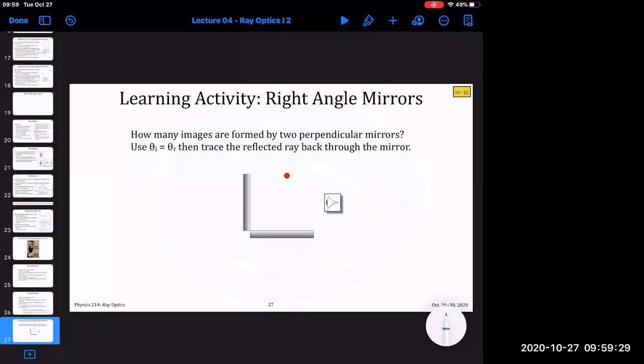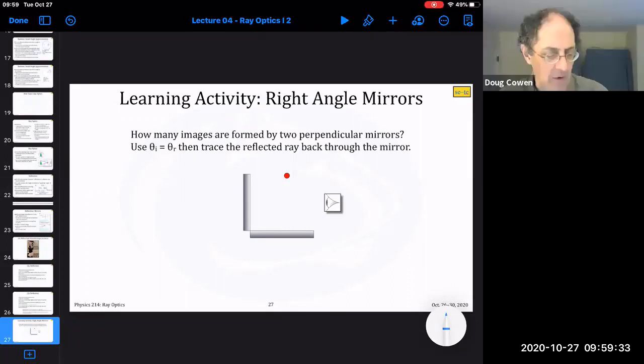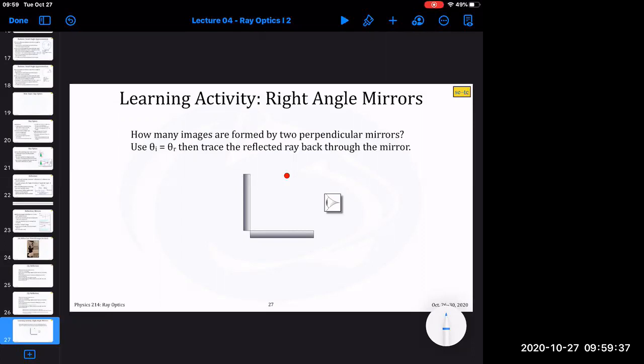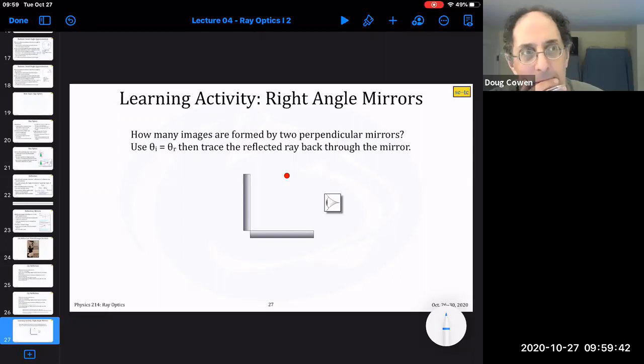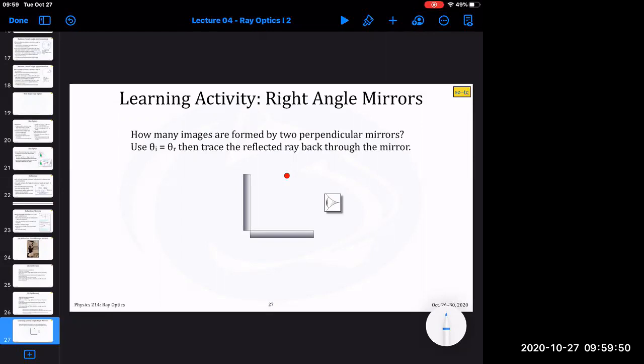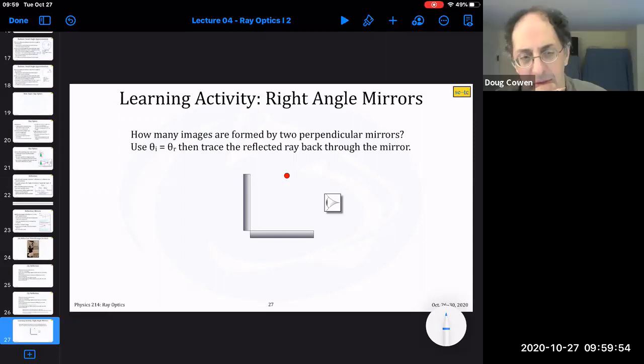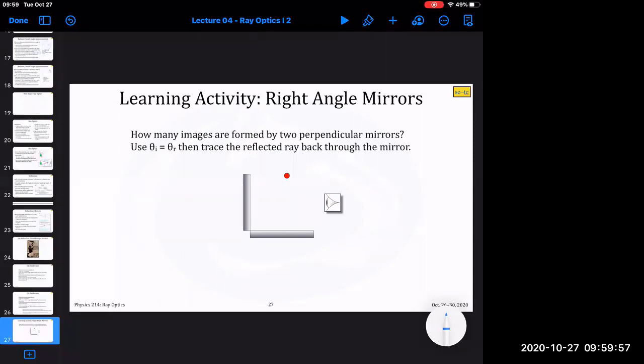Dr. Code, are we allowed to use tablets in the quiz for this Thursday? I'm sorry, can you speak up? It's hard for me to hear you. Are we allowed to use tablets to do our work on for the quiz this Thursday, or should we do it all on paper? I think you're going to have to do it all on paper, but I'm not 100% sure of that. Well, it's through Canvas, right? The questions are on Canvas? Yes, the questions are on Canvas. So we submit no PDFs or anything like that. So I should just use paper then.